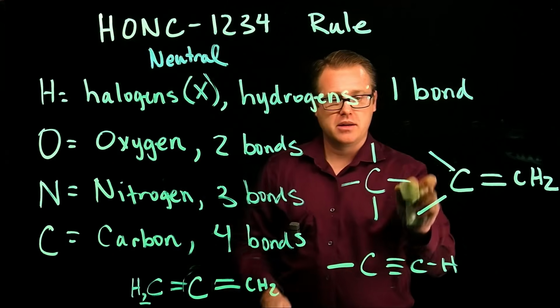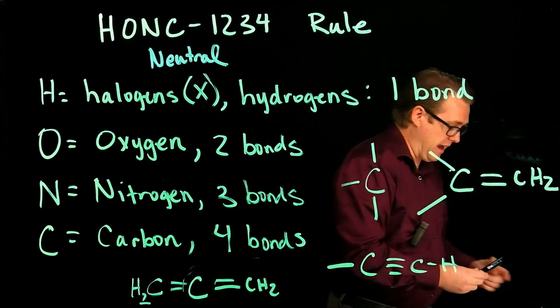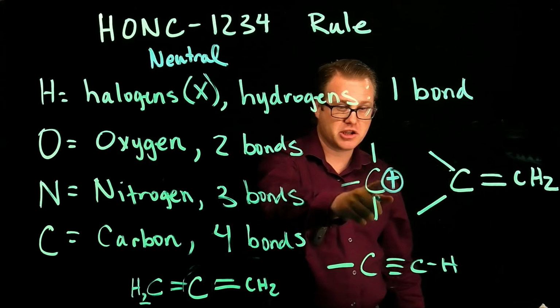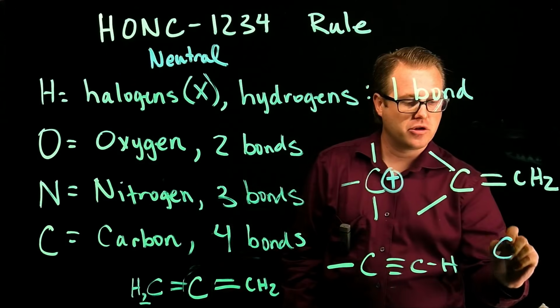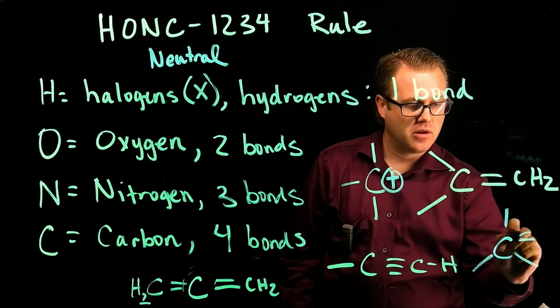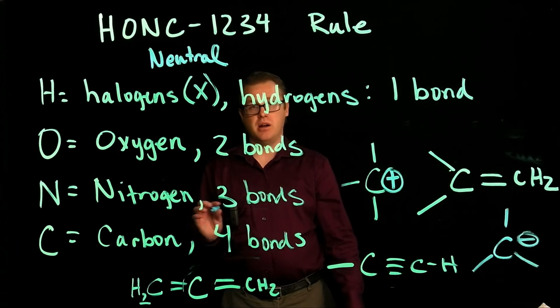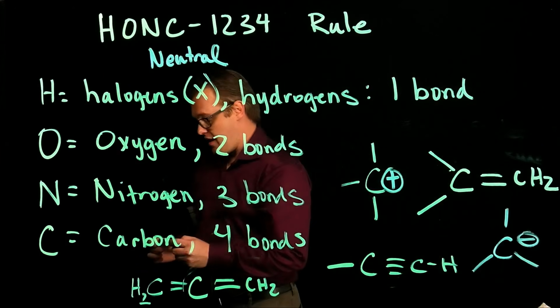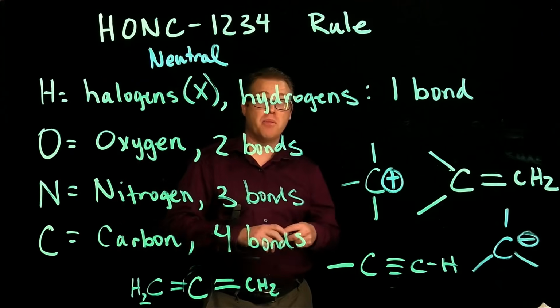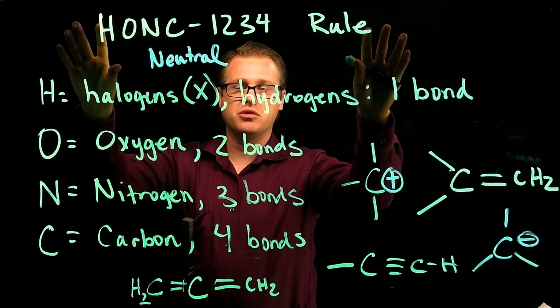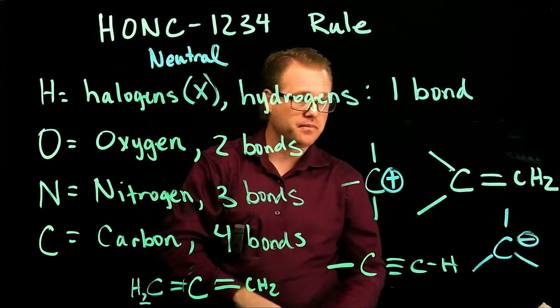The moment you make these molecules have a formal charge, like a plus charge, or you could draw a molecule with a negative charge, the HONK rule does not apply. That is very, very important to remember when you're using the HONK rule. Only when the molecule is neutral does this work.